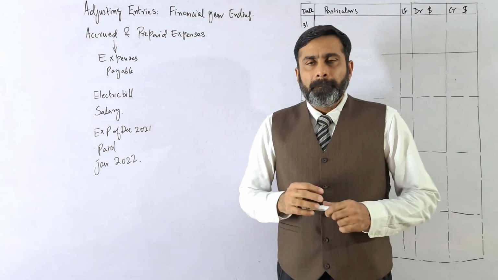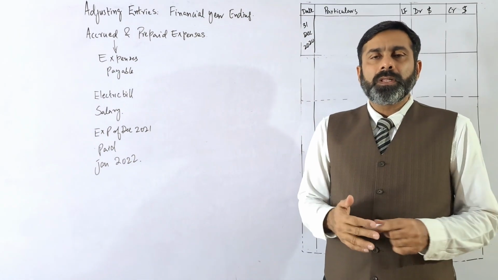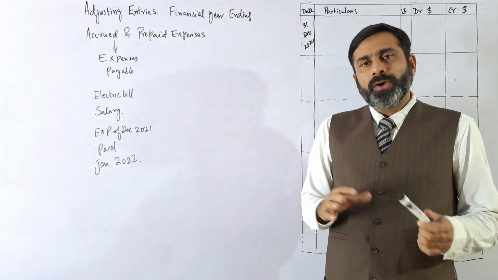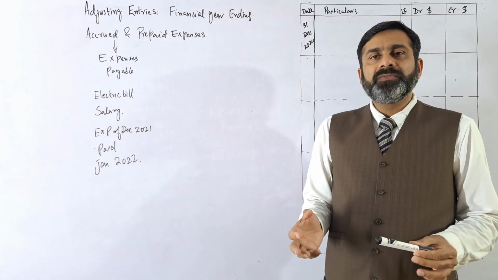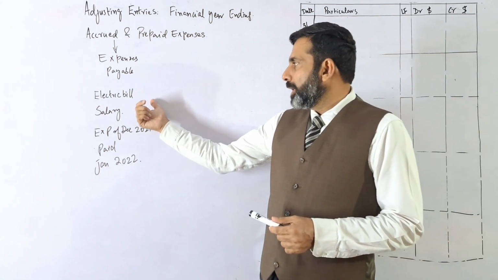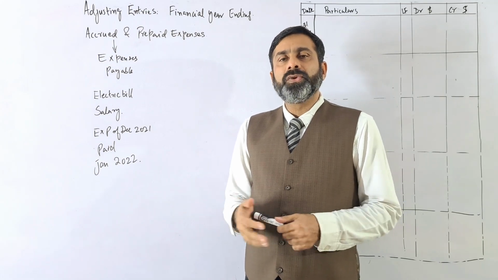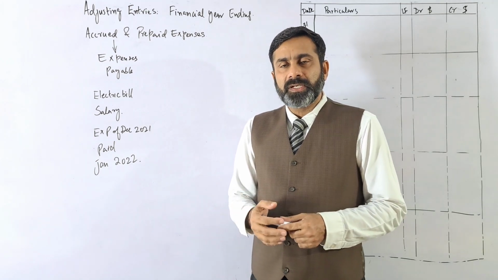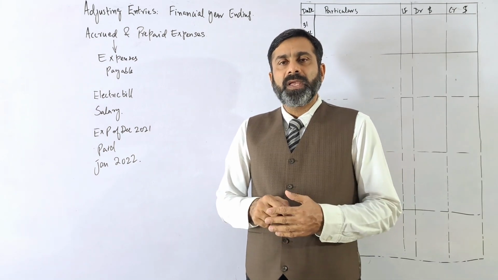Why? Because you are consuming the electricity the whole month. Now the year is ending on the 31st December, but you still haven't received the bill from the electric company. They have not counted how many units were consumed during December, so they will calculate it in the next month, meaning January.